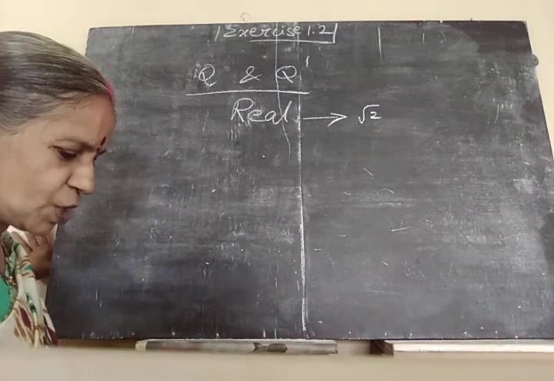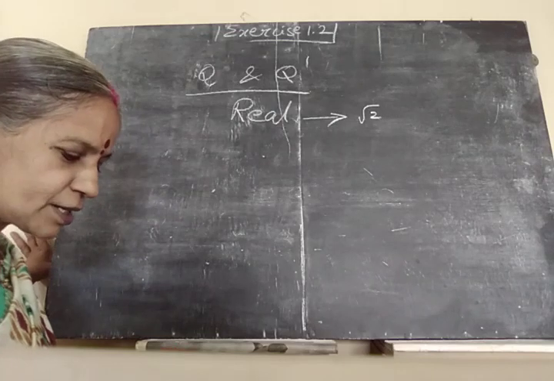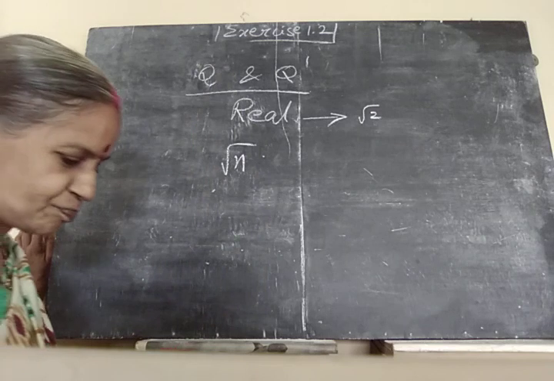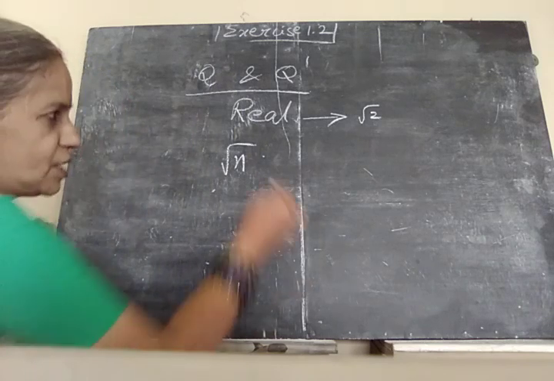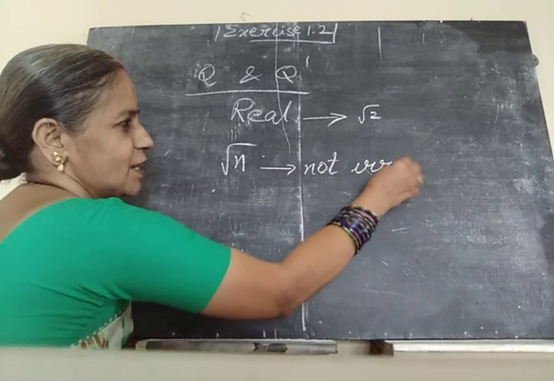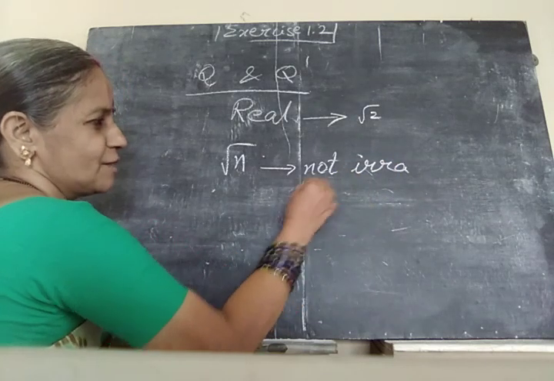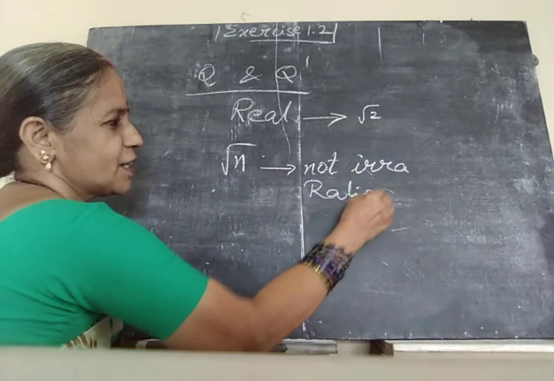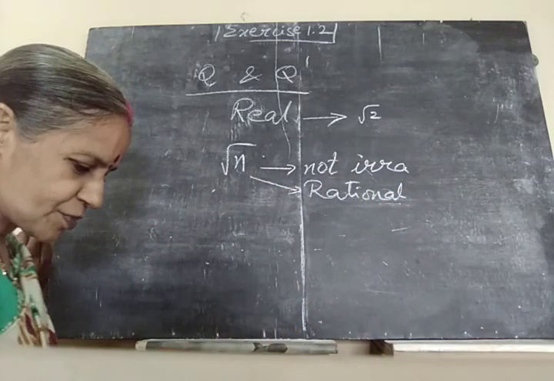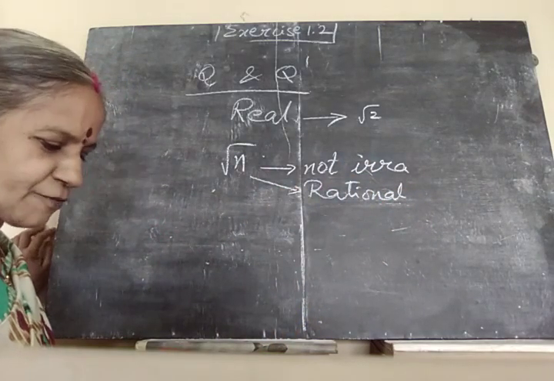And the fourth one, square root n is not irrational. Not irrational means what? Not irrational means rational. Understood? Root n is rational if n is a perfect square.